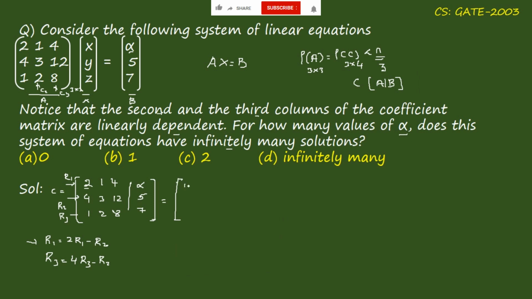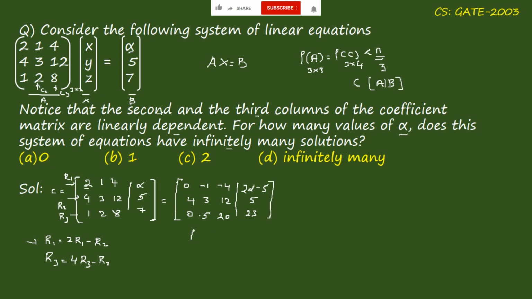It becomes 0, this is minus 1, then it is 8 minus 12, which is minus 4, and this becomes 2 alpha minus 5, and this is 4, 3, 12, 5, and there is nothing but 0, right? It becomes 5, this is 20, and this is 23, right?